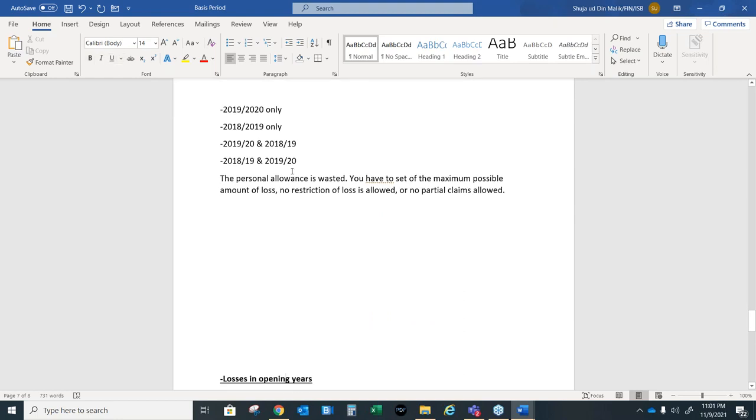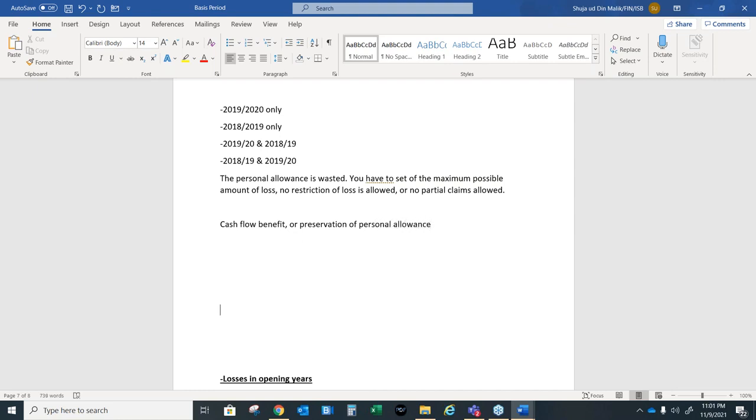Now, we say that the personal allowance has to be wasted because you have to set off the maximum possible amount of loss. Among these four options, I will be trying to see what I am seeking. Am I seeking cash flow benefit or preservation of personal allowance?